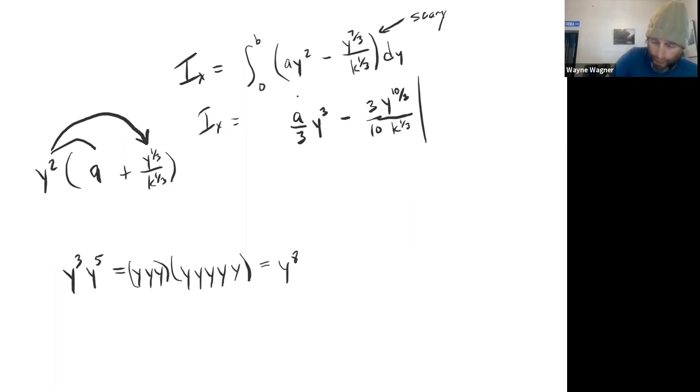We're going to integrate that from b to 0. And then we just got to plug in. So Ix equals some really horrible a b cubed over 3 minus 3/10 b to the 10/3, over k to the 1/3.